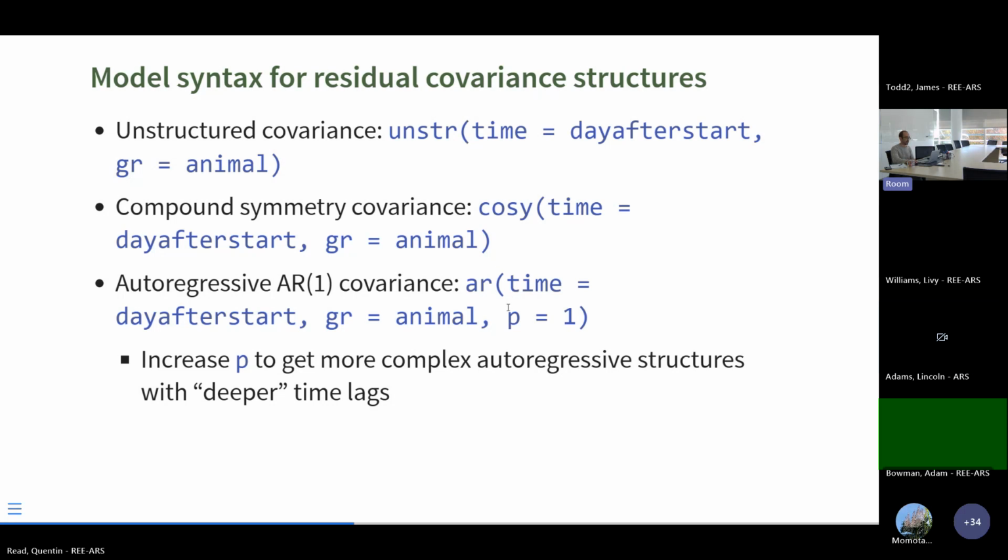Only AR has a special argument, p equals 1. I said we're doing first order autoregressive, so p equals 1 indicates first order. You can model more complicated autoregressive structures with more complicated time lags between time points by going up in order, but we're not going to mess with that right now. We're just going to do a simple first order autoregressive. So p equals 1. Other than that, the only difference between these three is the name of the function.